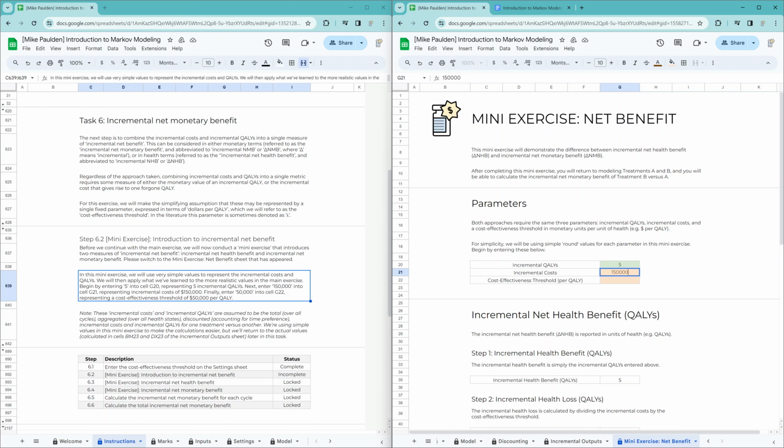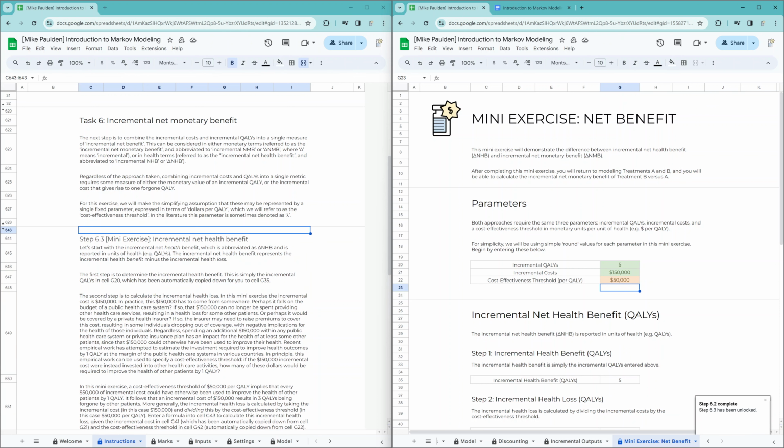But using these very round numbers makes it easier to illustrate the difference between net health benefit and net monetary benefit. And then for the cost effectiveness threshold, we're going to use 50,000. Okay, so that's 6.2 complete.